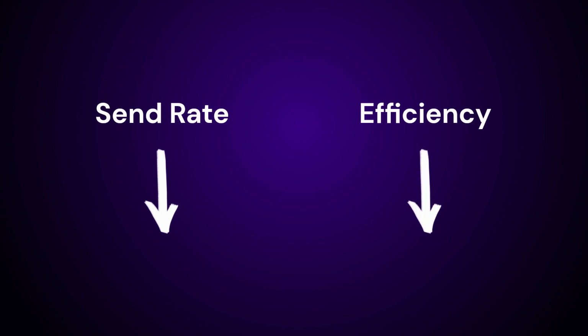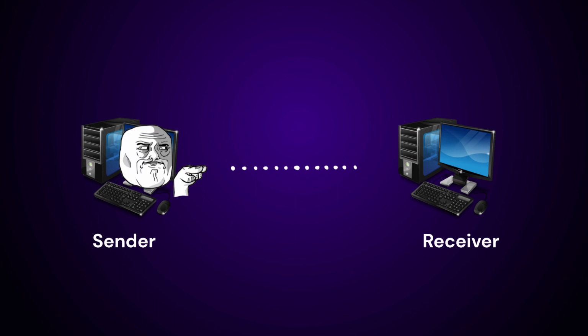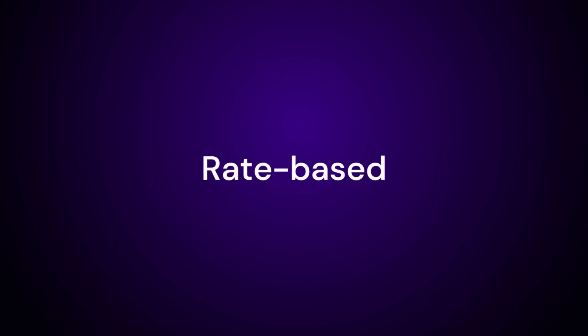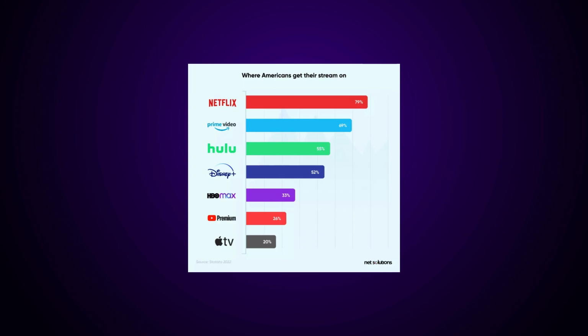In other words, when the send rate is too low, the network is not efficient as its throughput is bottlenecked below its capacity. This is a decent flow control method, but not a good congestion control method. A slight improvement would be to have the sender monitor the rate at which packets are dropped, and adjust the send rate accordingly. This is known as a rate-based congestion control method, and it is used for real-time applications like video streaming. But can we do better?